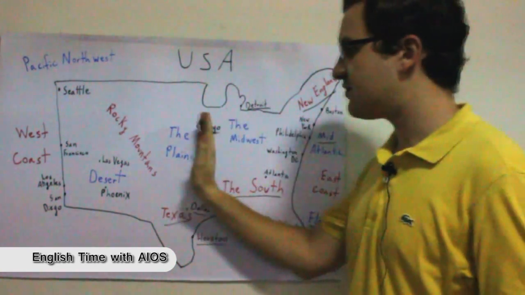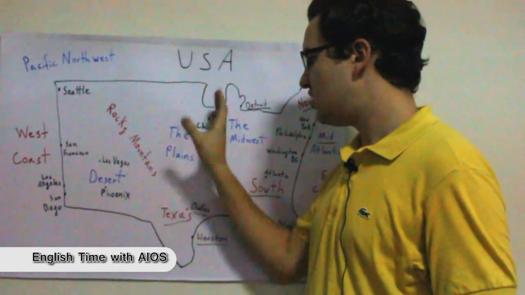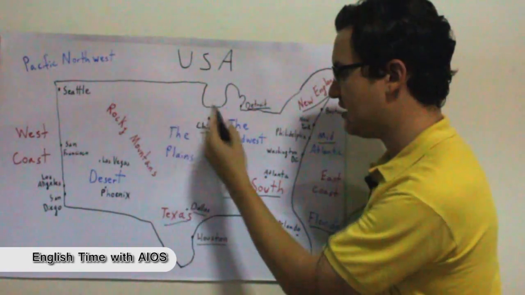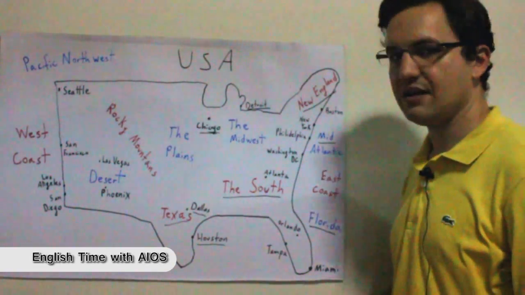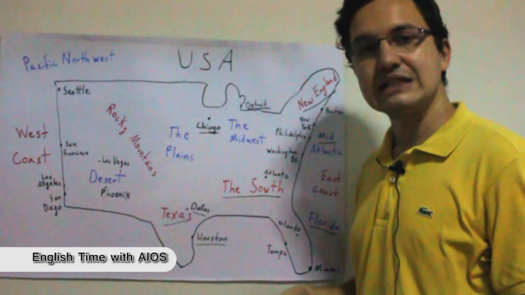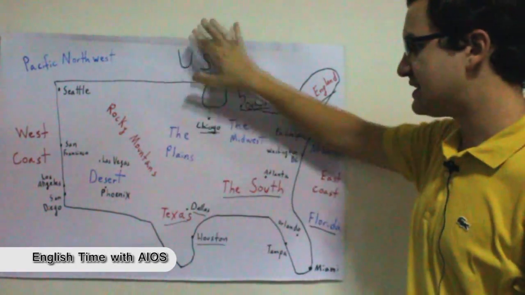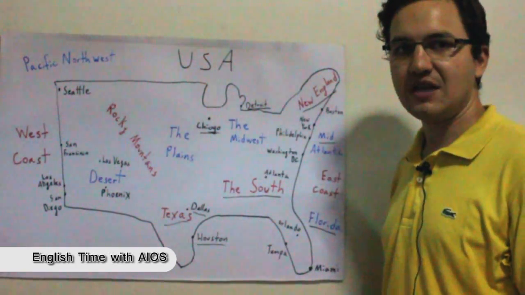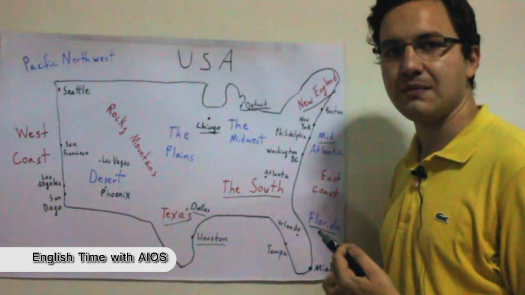As you move further in America, you have the plains. This large area here is all farming. Lots of corn, lots of wheat. We call this America's food, the breadbasket, where our food comes from.